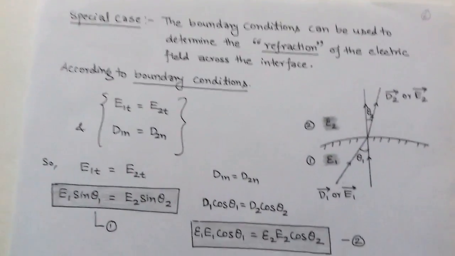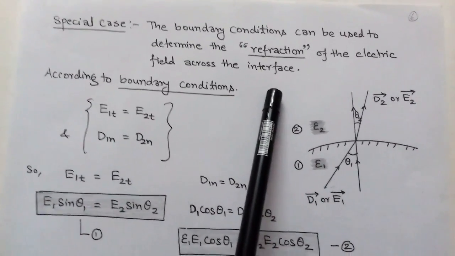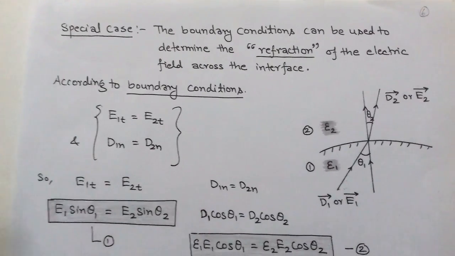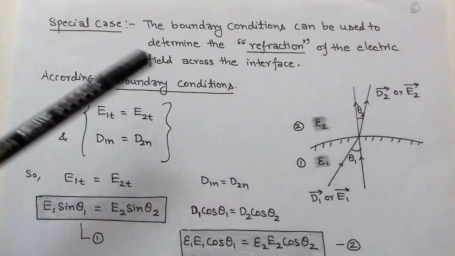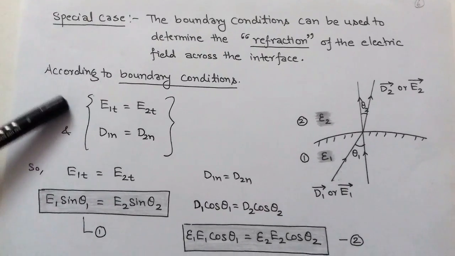Now, there is a special case. The boundary condition can be used to determine the refraction of the electric field across the interface. Means, with the help of these boundary conditions, we can also determine the refraction of the field. It may be electric field or electric flux density.